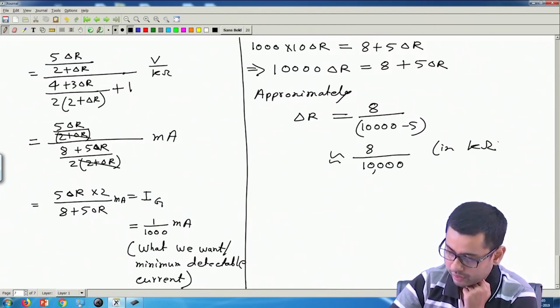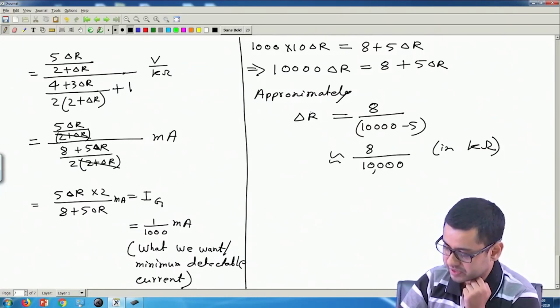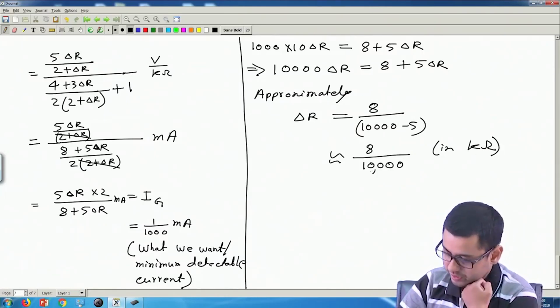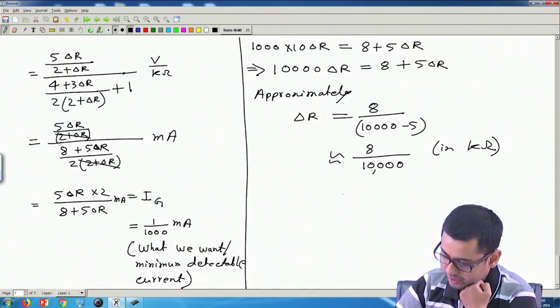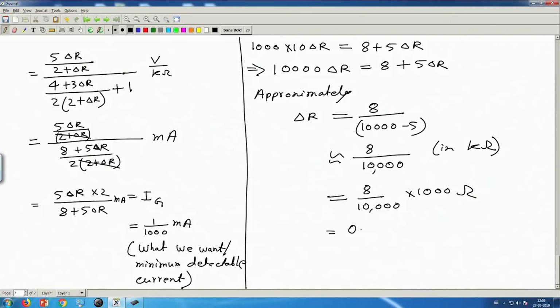All our calculation was under the assumption that delta R is in kilo ohm. So the value of delta R is this much kilo ohm, which is the same as 8 into 10,000 into 1000 ohm, which is 0.8 ohm. If I haven't made any mistake in my calculation, delta R is approximately equal to 0.8 ohm.